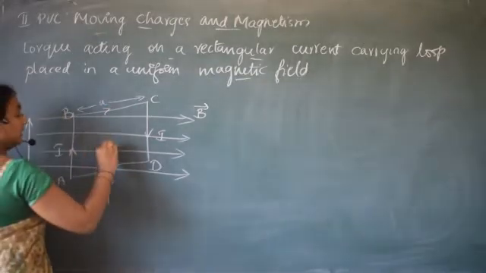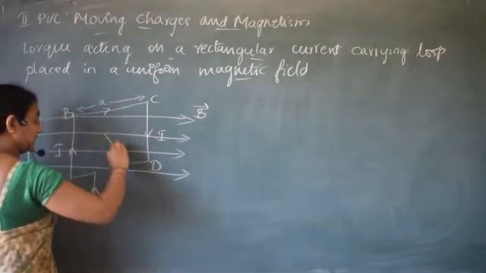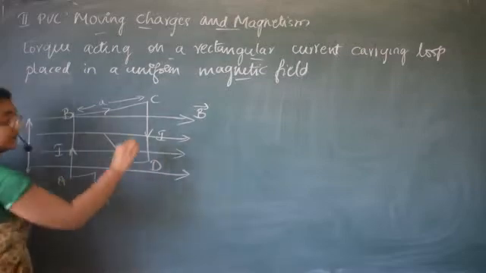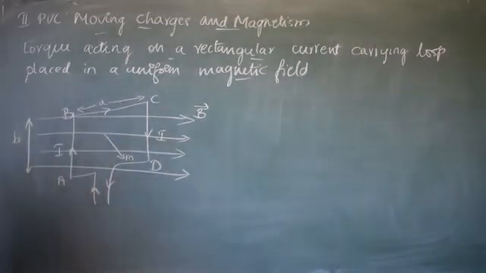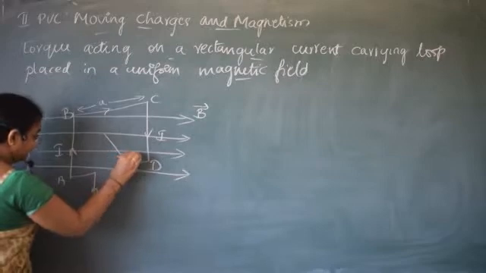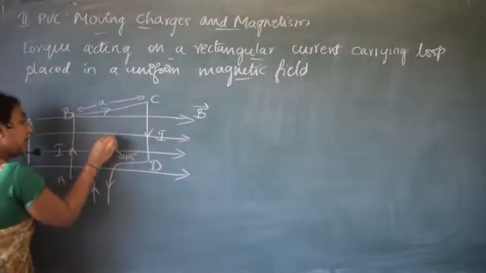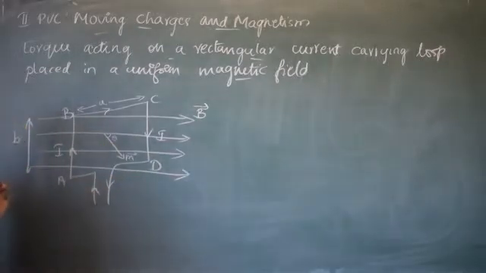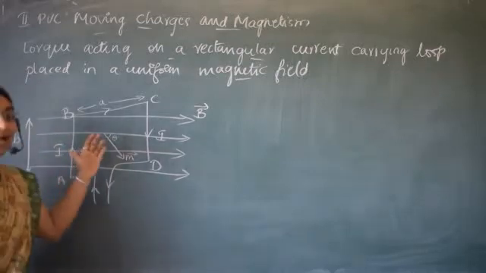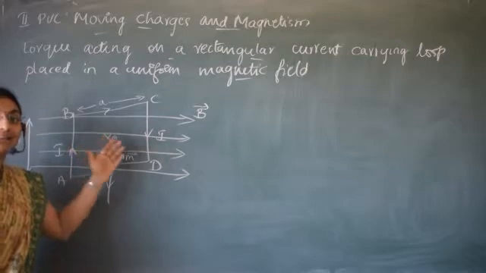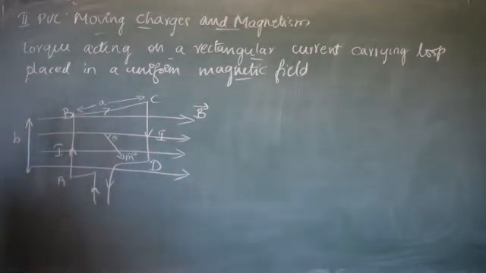Let me mark it as n, the normal vector to the surface. Theta is the angle between the normal and the magnetic field.